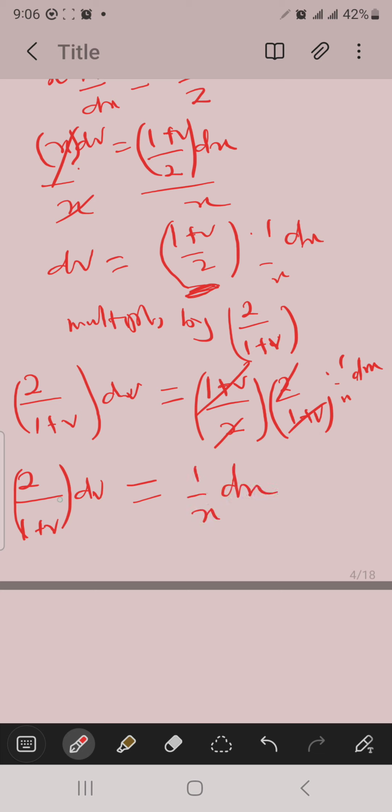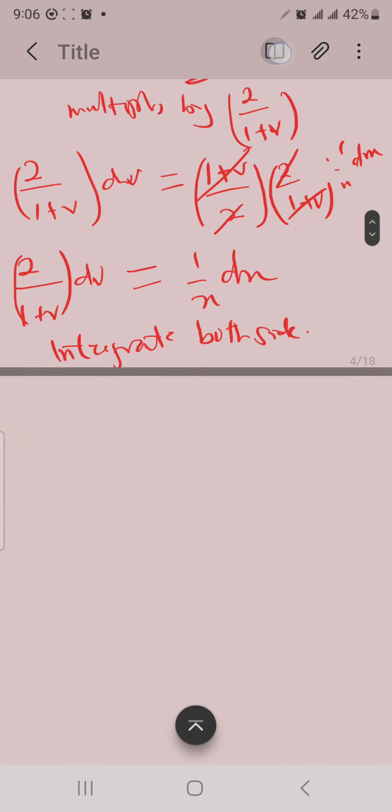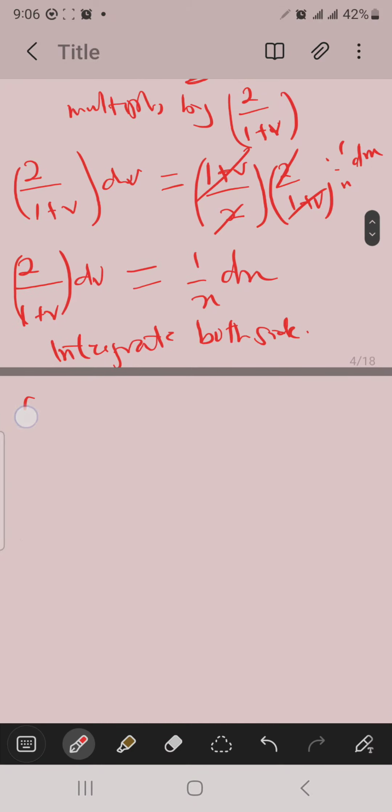It means that I want to now integrate the function of v with respect to v and the function of x with respect to x. Now integrate both sides. Now integrating this, I have the integral of 2 over 1 plus v dv equals the integral of 1 over x dx.